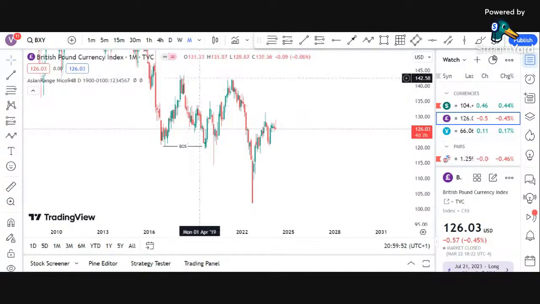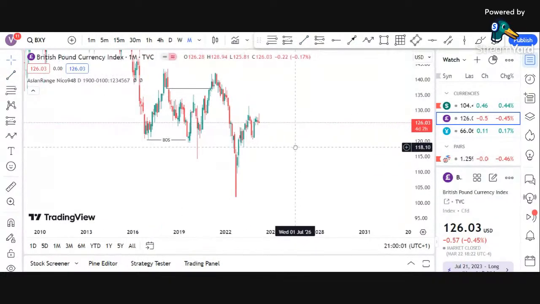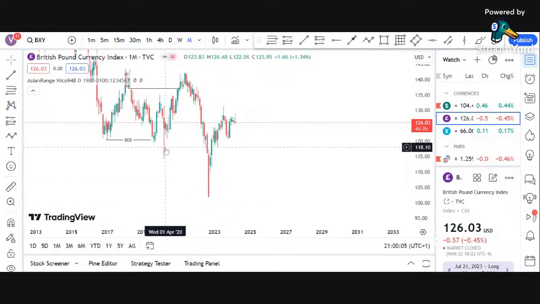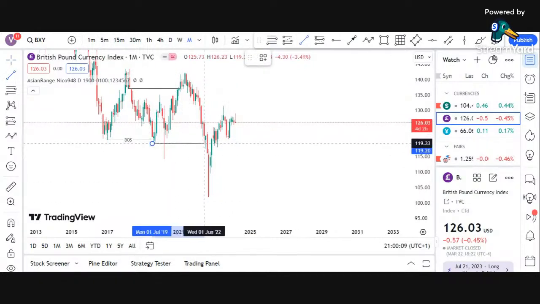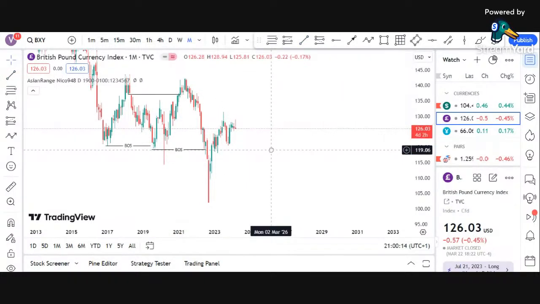The price traded into another block, the last buy candle after the break of structure, and now we saw another clear break of structure again to the downside. This was the break of structure to the downside, giving us a clear sign that price is coming down.